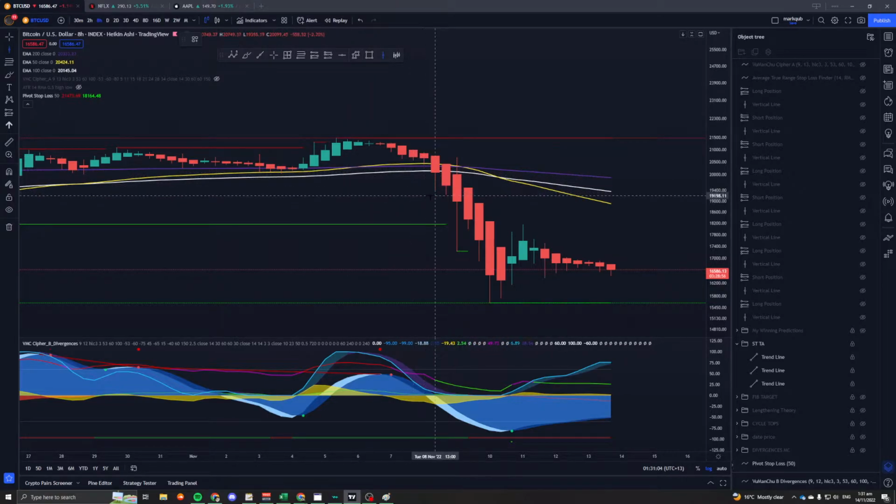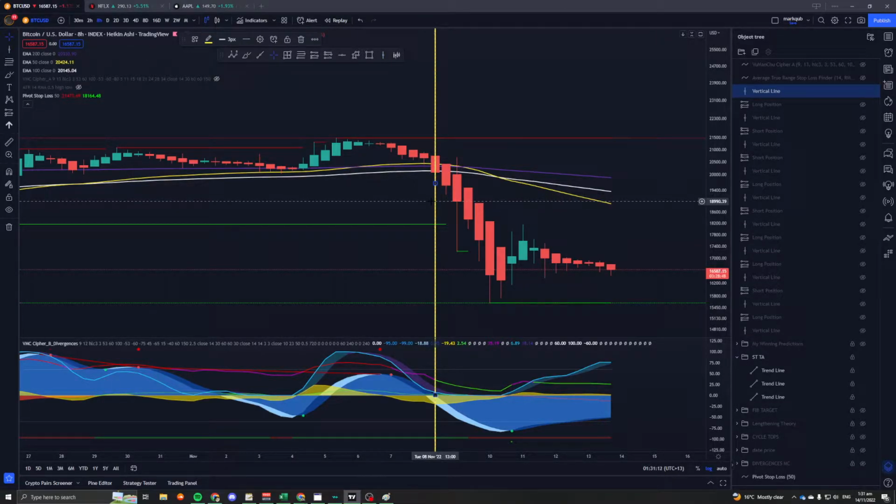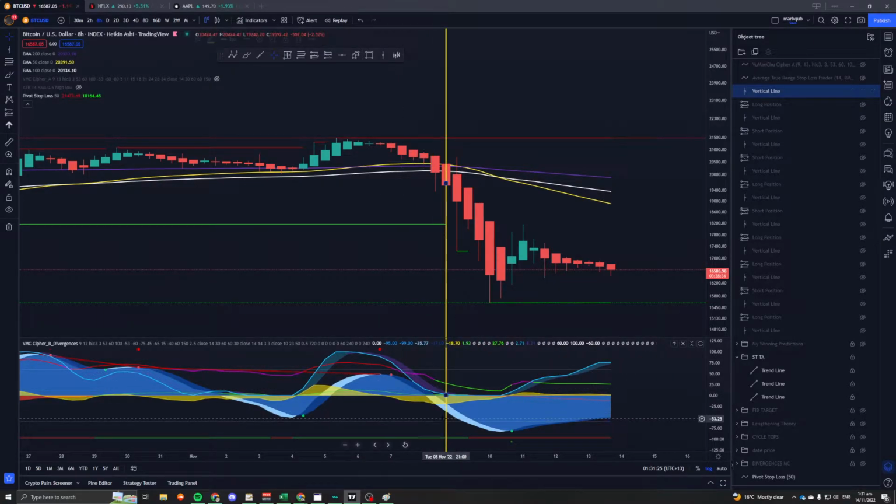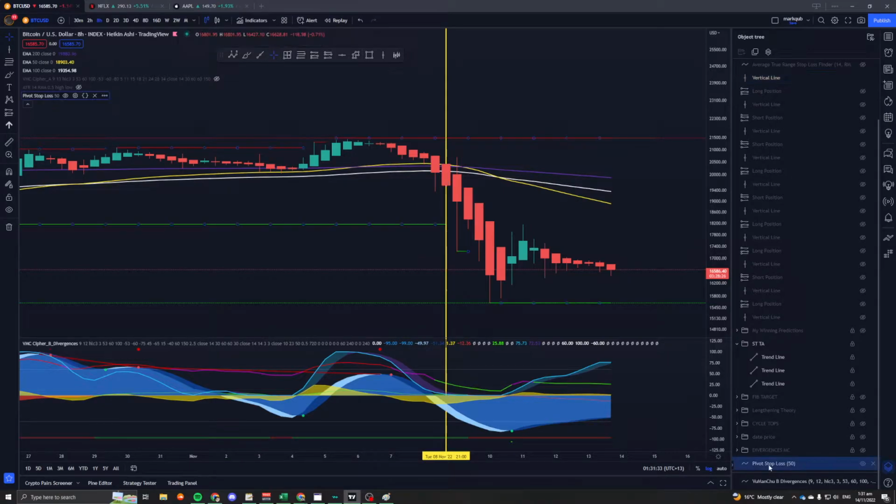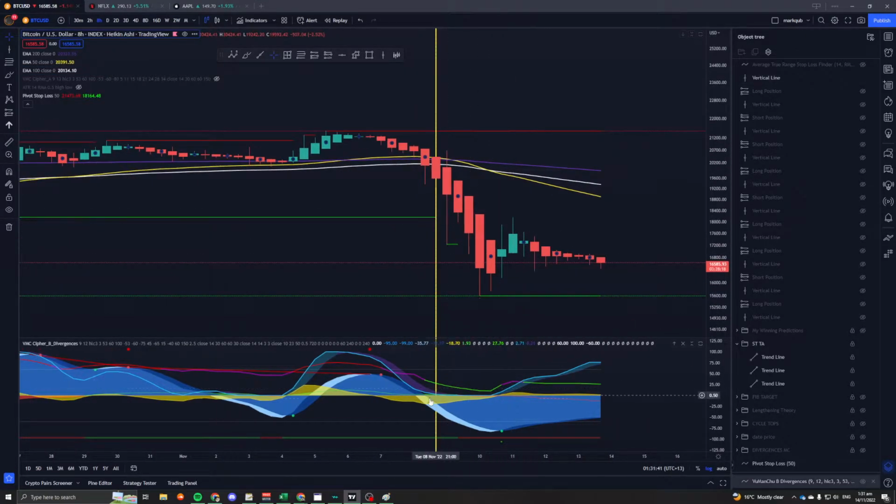First thing, to make sure a white part is confirmed, you can't do this, because this is when it is still confirming whether this part has marked on the market cipher. But I'm using a BMC cipher B divergences, and also I'm using a pivot stop loss, and I'm using EMAs, but these aren't used in the strategy. I just have it there.